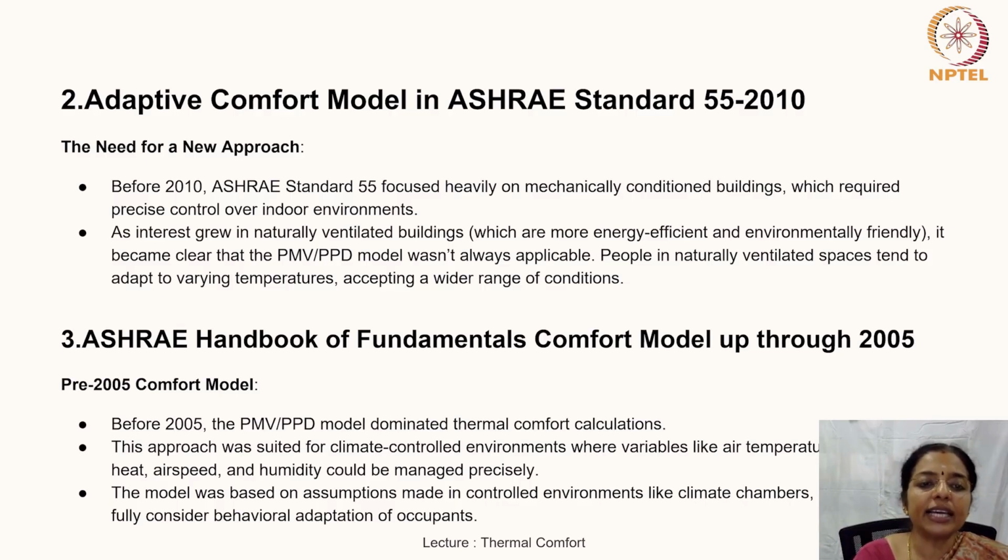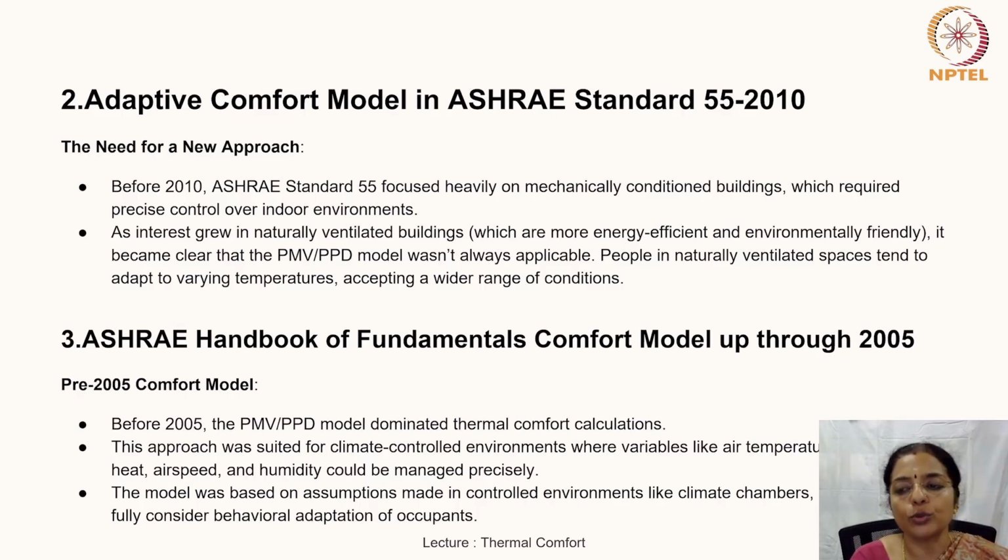Third is the ASHRAE Handbook of Fundamentals comfort model up through 2005. So in the pre-2005 comfort model, which is before 2005, the PMV PPD model dominated thermal comfort calculations.